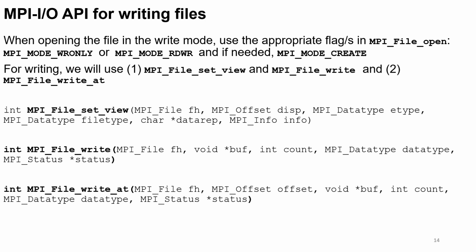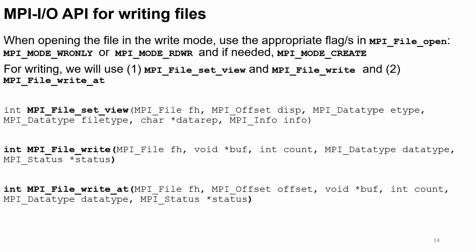The recommended flags could be MPI_MODE_WRONLY or MPI_MODE_RDWR. And if the file does not already exist, you might want to create it first. The flag to use for that is MPI_MODE_CREATE. Like I mentioned previously, we can combine multiple flags in the MPI_File_open call by using the OR operator.